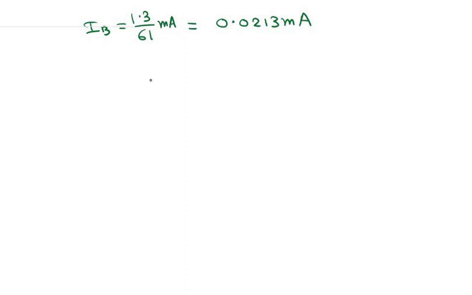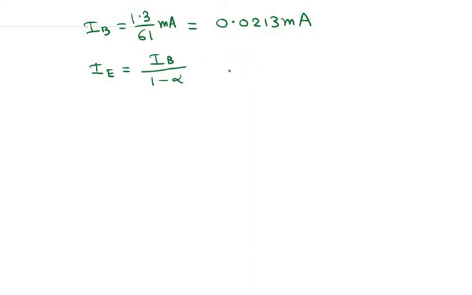Now we have IB, so we can write IE. IE is IB divided by 1 minus alpha, which is 51 IB. Let us not calculate IE because IE is not asked.